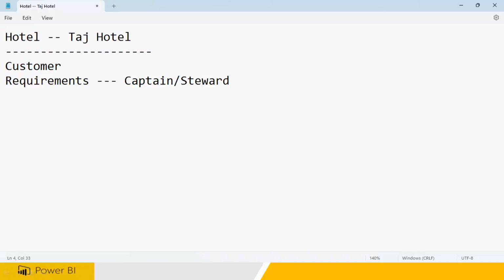The waiter is going to come and ask you, sir, what is it that you wanted to have? You wanted to take beverages first, or some appetizer, or some soup and appetizer, or you wanted to go for the main course? What is it that you wanted to have? Clear? Thus, the captain of the hotel is going to be asking you, sir, what is your requirement? So you will be able to give the requirements.